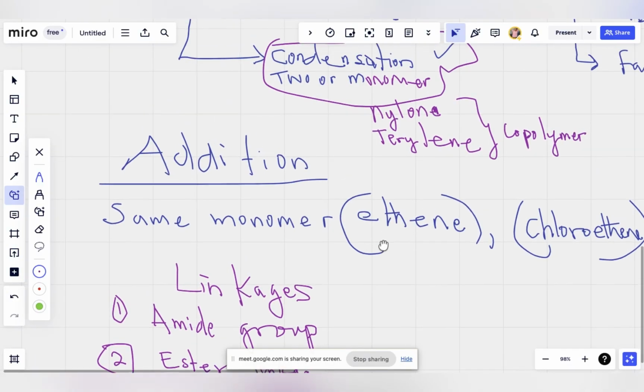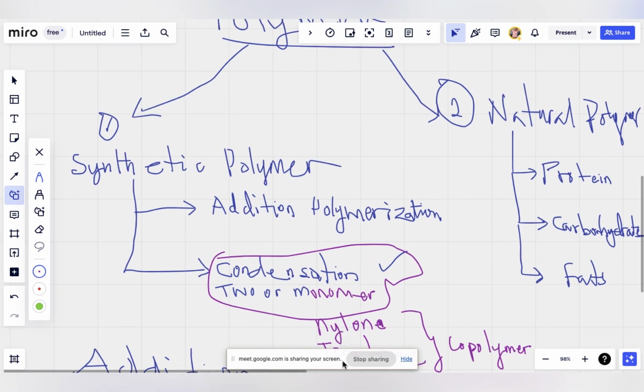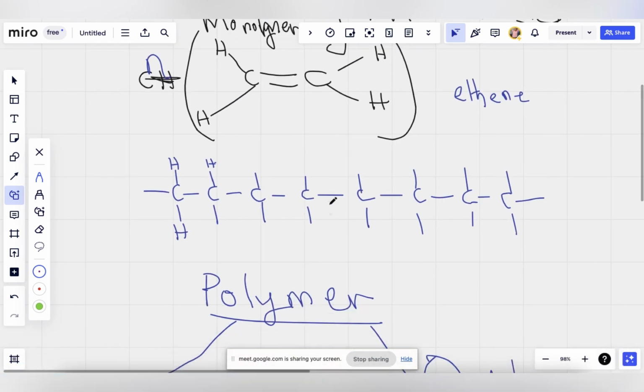In this case, we show it in a more continuous form, but on the slides we only show the abbreviated form. So you can see this is the polyethene that's formed.